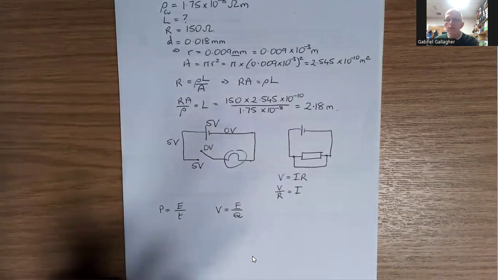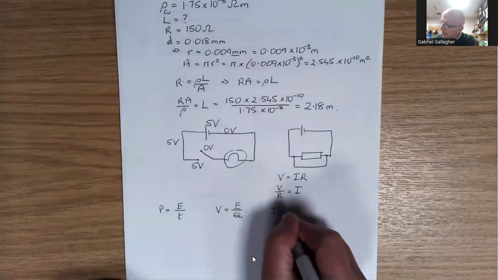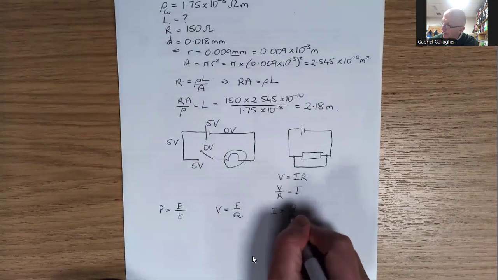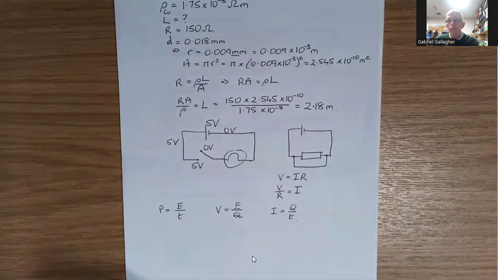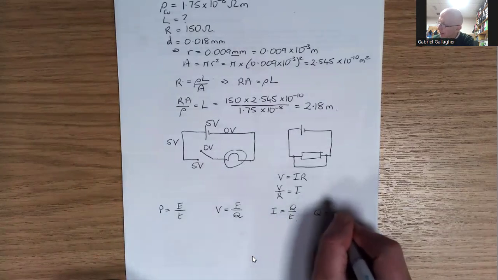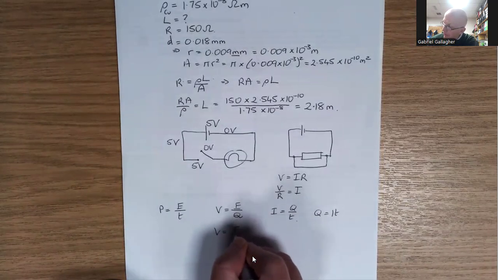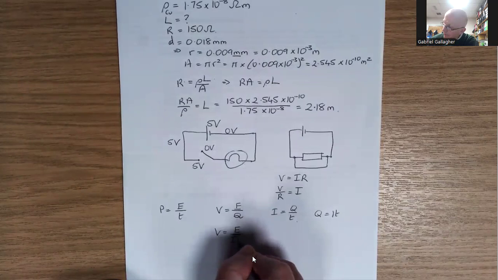I'm just going to do a bit of witchcraft here with a few equations, but see if you can follow it. The current is charge divided by time, so Q equals IT. I can take the equation V equals E over Q and say V equals E over IT.